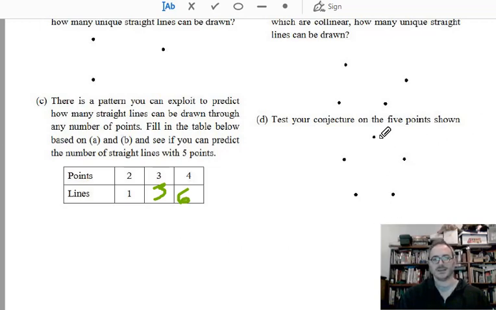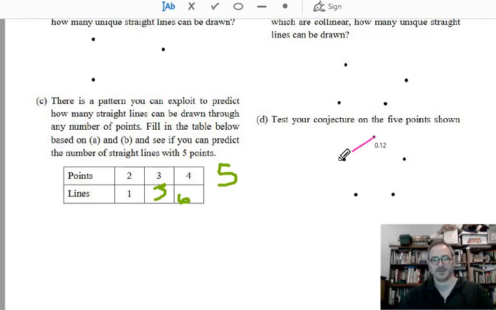Let's talk about this one. What do you think? If we have 5 points, what do you conjecture will be the next amount of lines? Let's think.